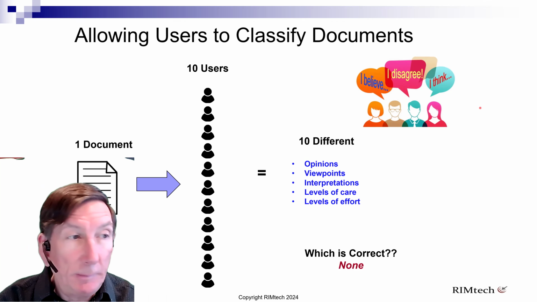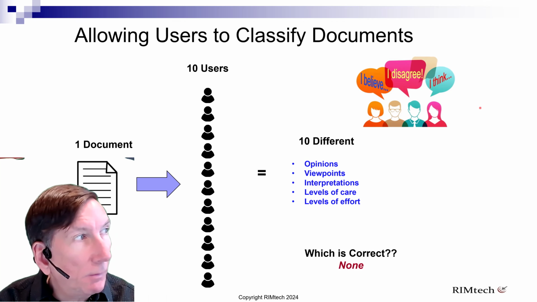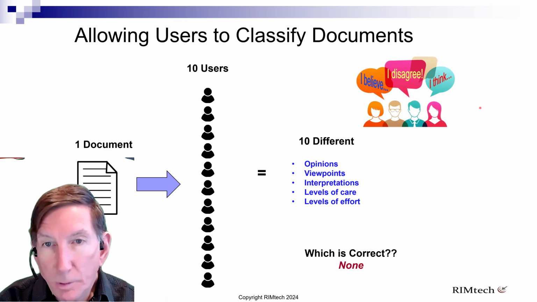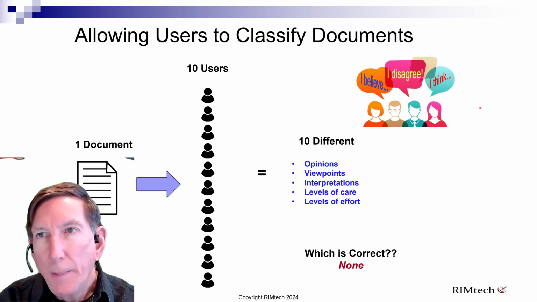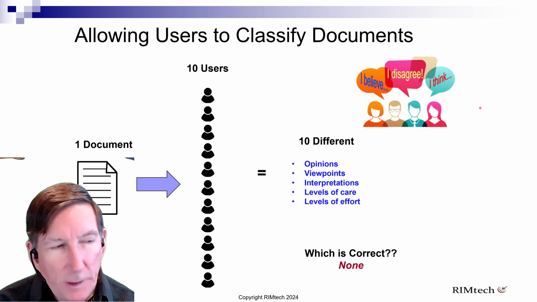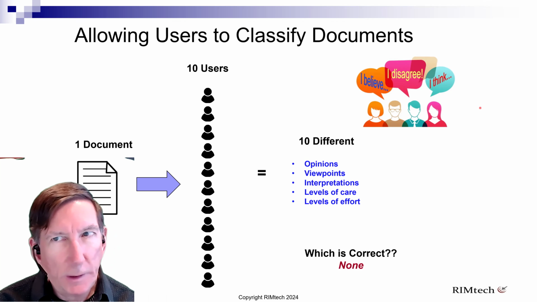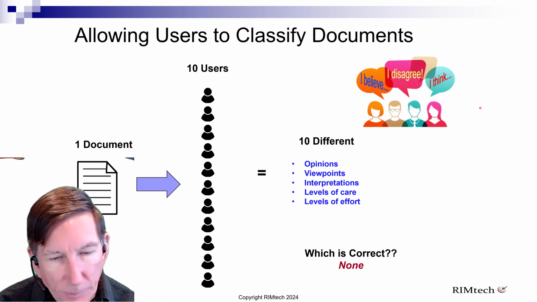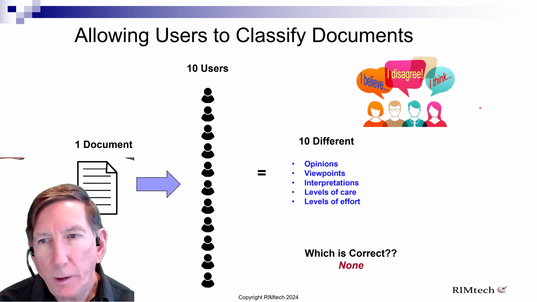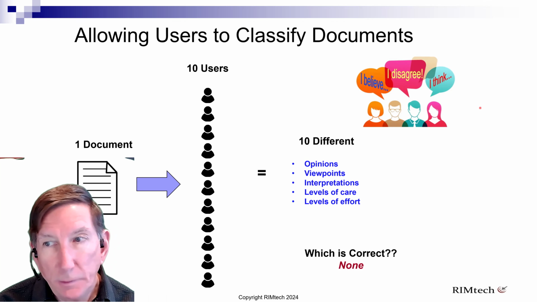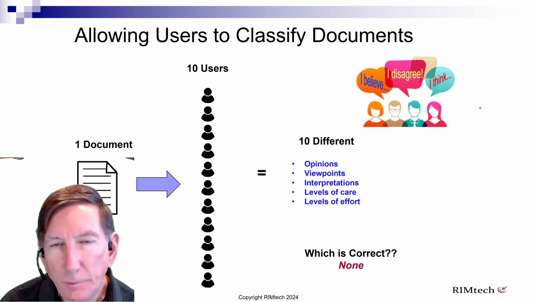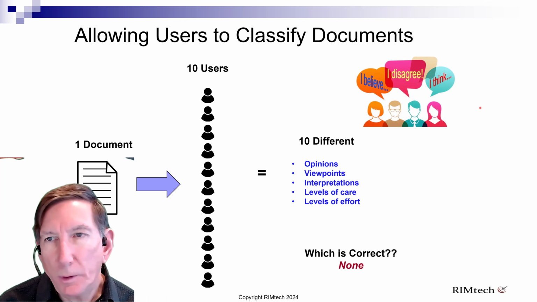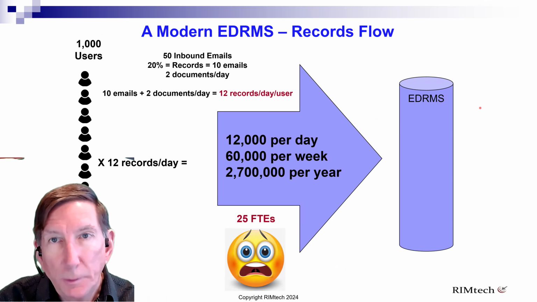And if I do the same thing with the same people a week or a month later, I'll probably get different answers still. So that means that in an electronic world, we cannot count on users to identify what is a record or to tell us where it gets classified in the retention schedule. It's just not safe. I've never, ever seen that work yet, and I don't expect to in the future.